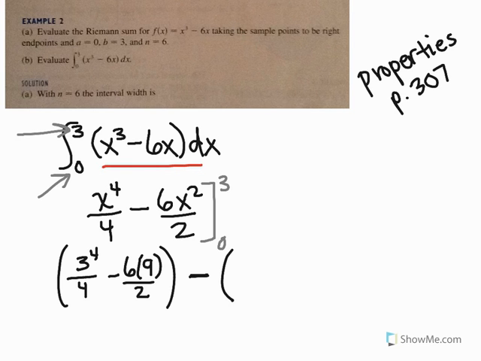So 0 over 4 is 0. 6 times 0 squared over 2 is 0. So the answer here is 3 to the 4th over 4 minus 54 halves. If you work that out, we evaluate this and we get negative 6.75 for the area.